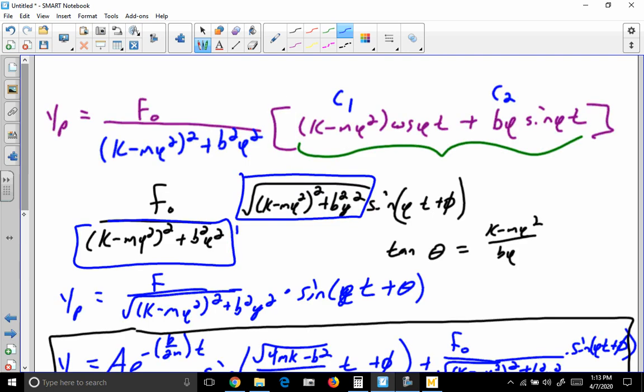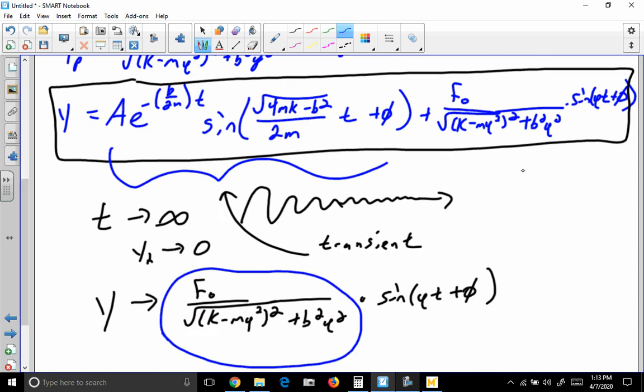So what's left, this is referred to as the steady state. Because this is what remains. After the transient term goes away, then this part of the function is left remaining. So over time, even at the beginning, we have some different oscillations and things going on. We are going to be oscillating, but at a steady value towards the end.